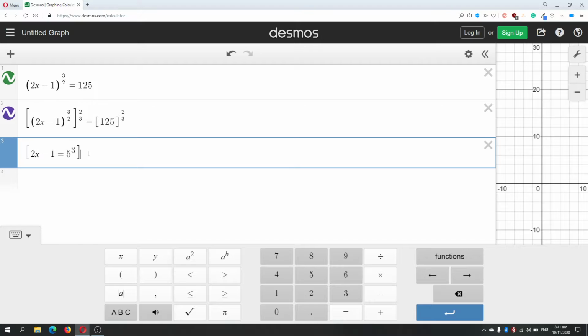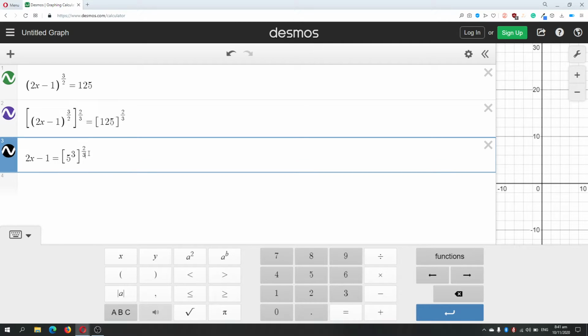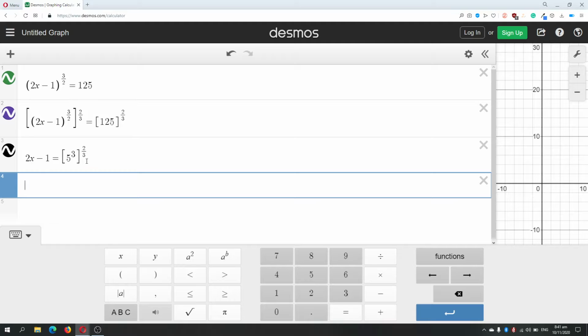And then syempre meron ka pa ring exponent dito, 2 over 3. If that is the case, apply natin yung pinag-aralan natin on the previous lesson. So 3 times 2 is 6. Tapos 6 over 3 siya nun, di ba?